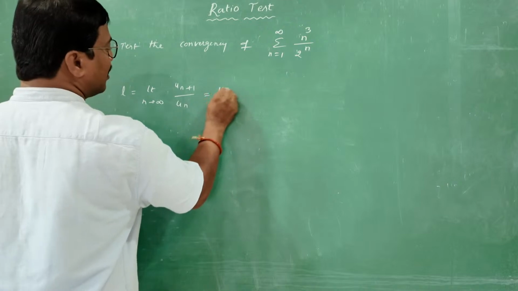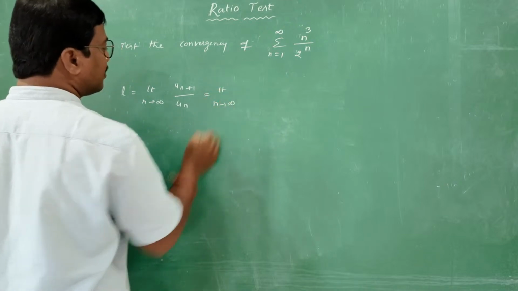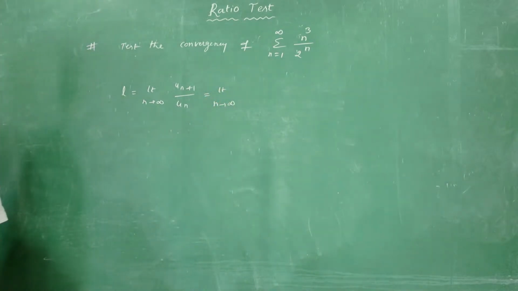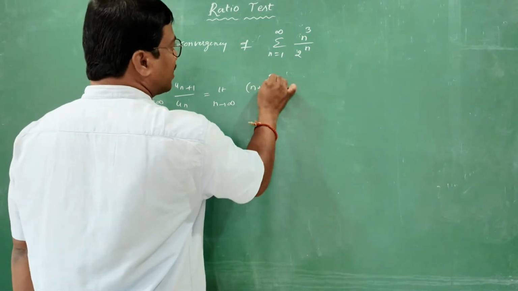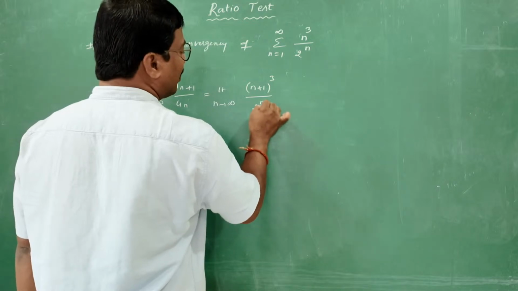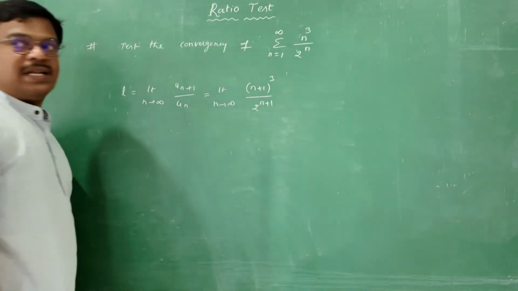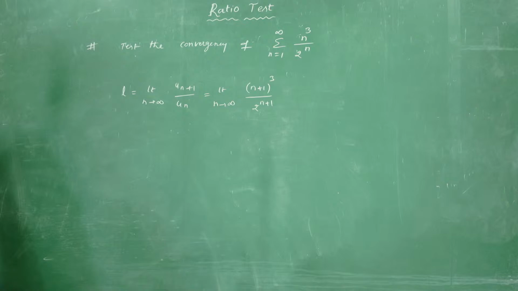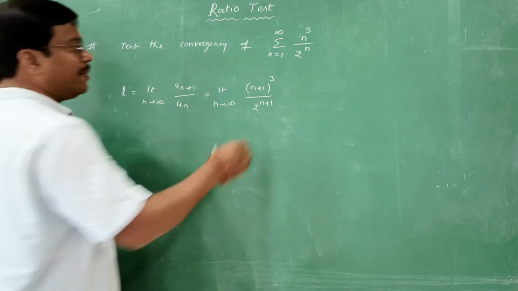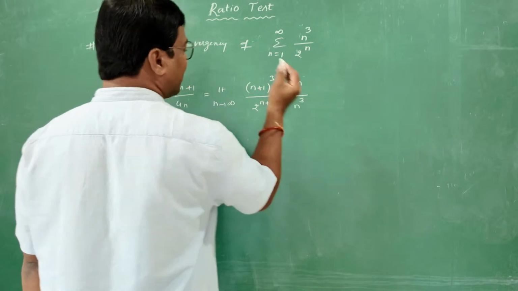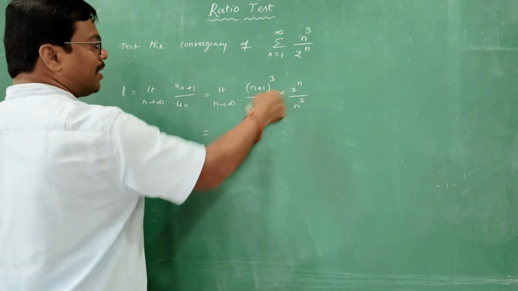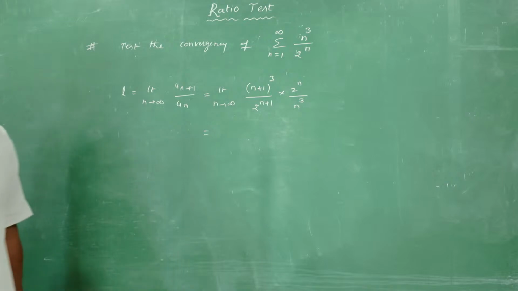Let us find this. What is un plus 1? n plus 1 whole power 3 divided by 2 to the power of n plus 1. Next, for un, if I multiply, it becomes 2 to the power of n divided by n power 3.